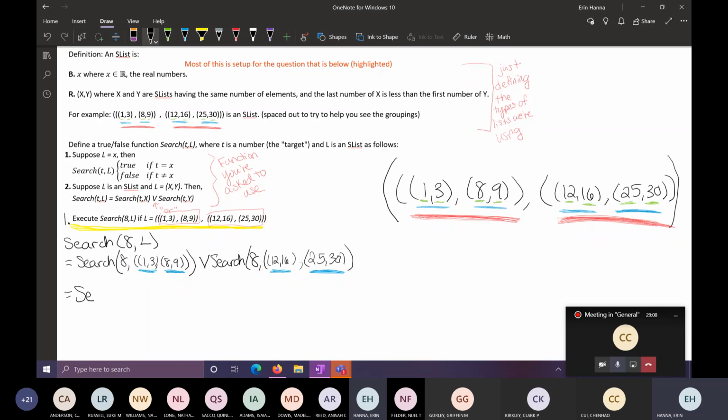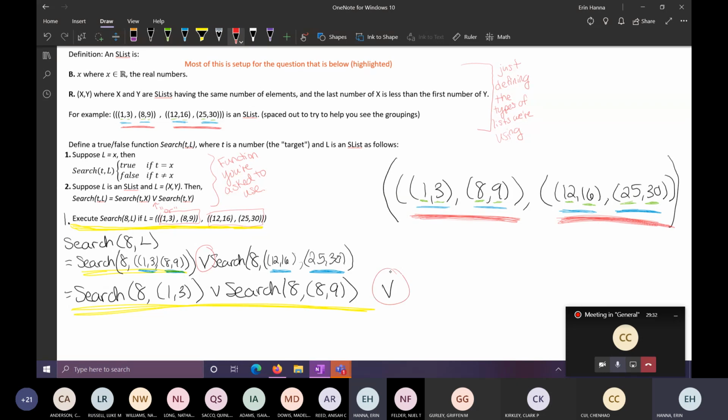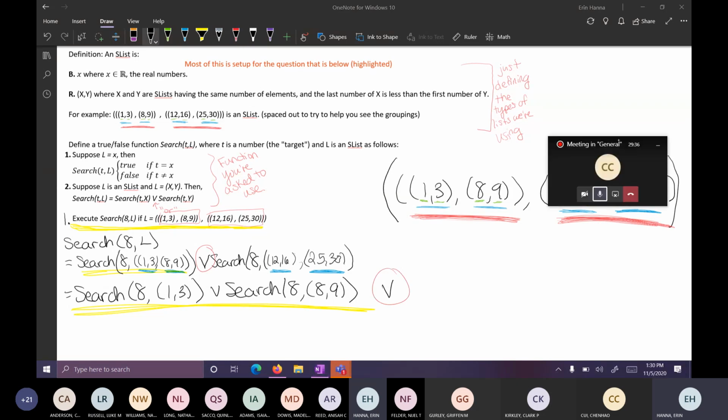So we're going to have search 8 on 1, 3, or search 8 on 8, 9. That breaks up that first piece, this piece now became this piece. Or, that or is the or from the line before. Just doing lots of colors to keep track of where these things came from.